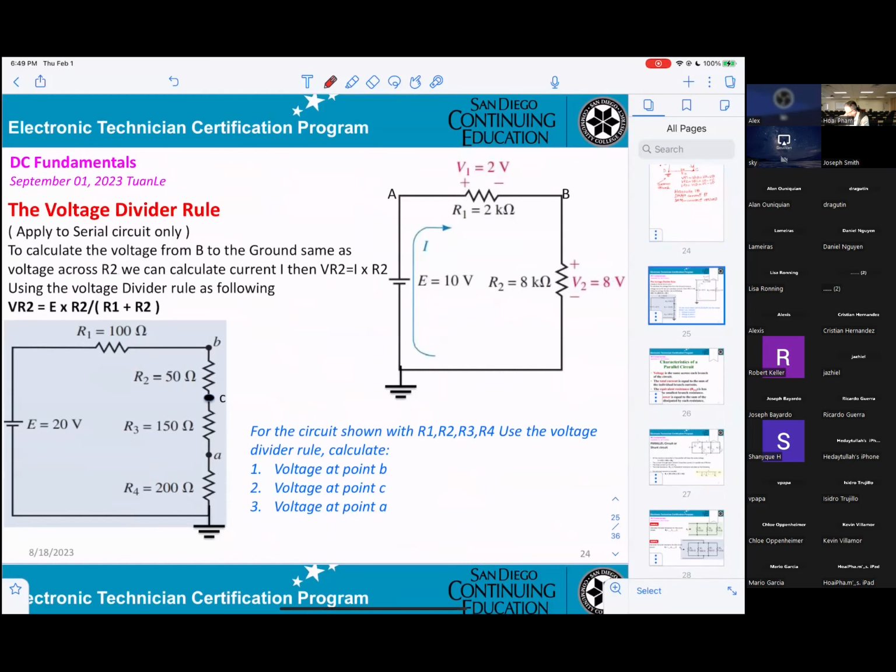Okay, so this is just the next thing you want to know. Voltage divider groups. Basically, you can get this voltage here.